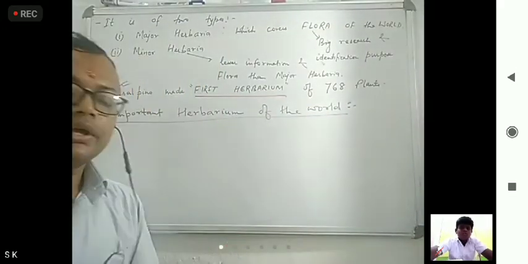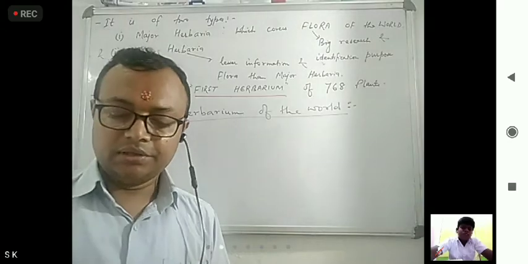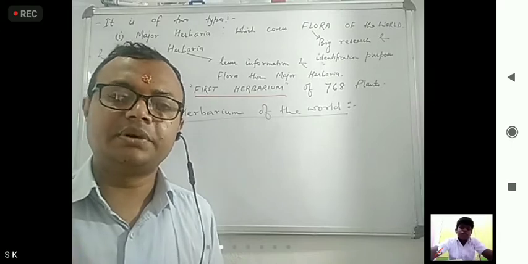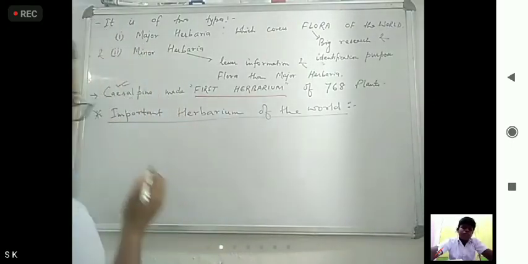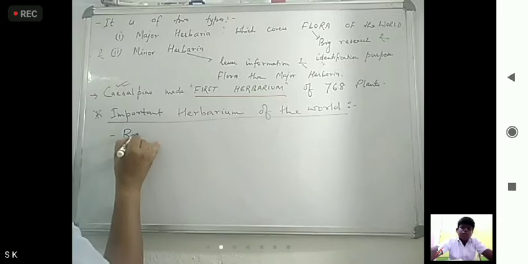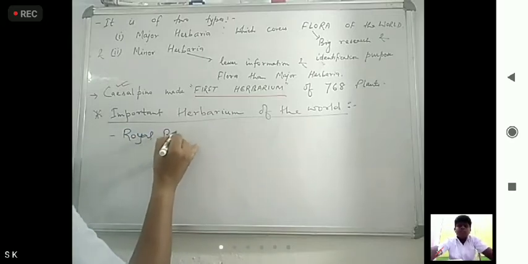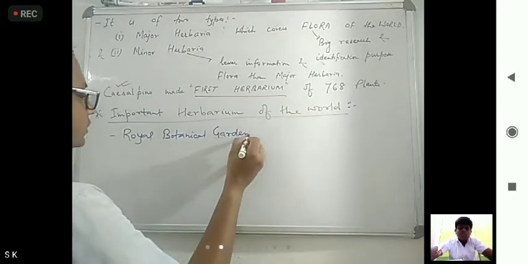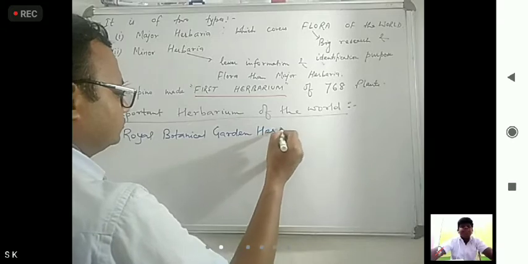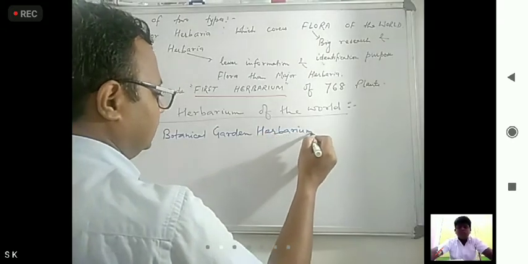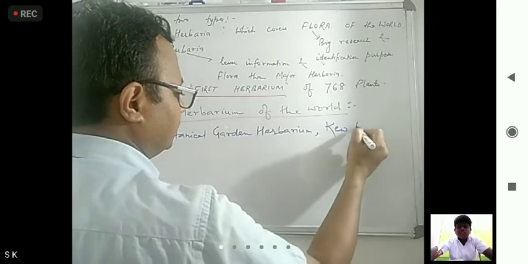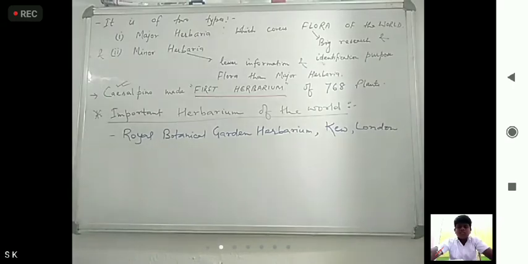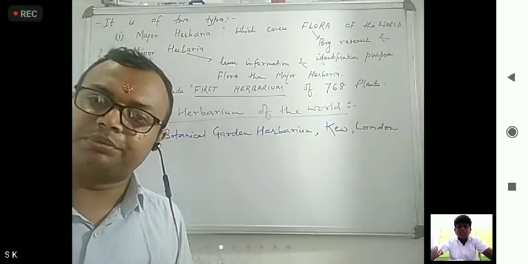Here the first one is the Royal Botanical Garden Herbarium. It is placed in Kew, London. Royal Botanical Garden is the largest botanical garden present over here.